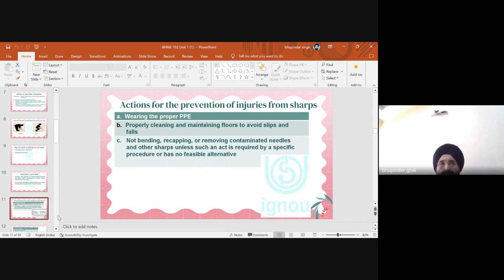As soon as you give the injection, dispose the needle and the syringe properly as per the laid down procedure. The needle should be in the puncture proof box and the syringe in the proper container. No recapping, bending of the needle or keeping the used syringe unattended on the table or the nursing station table.